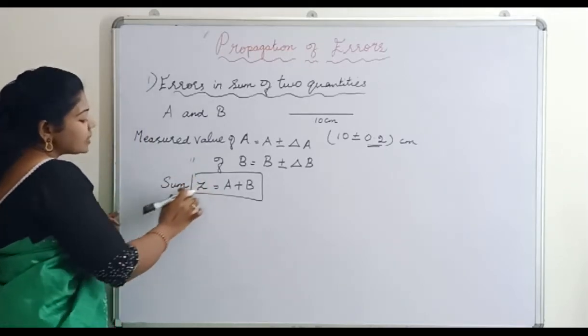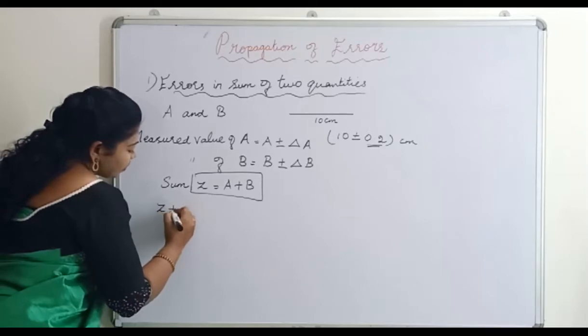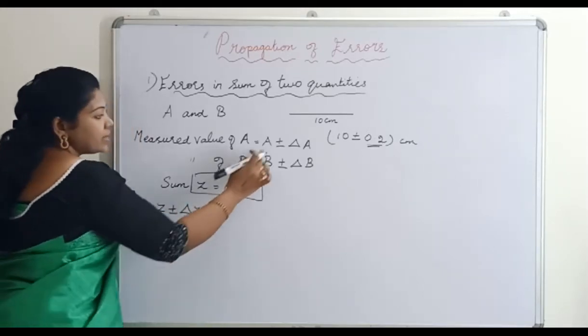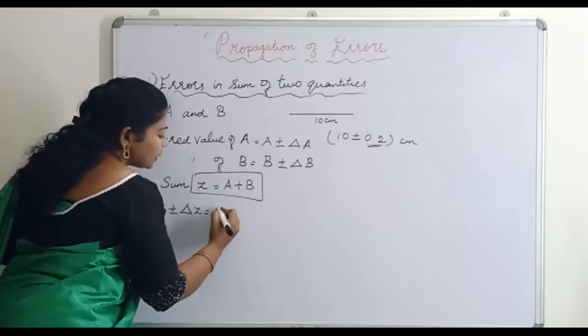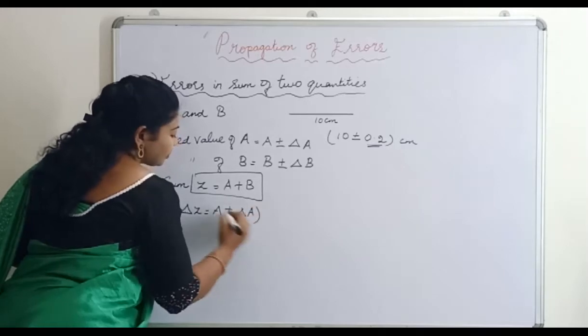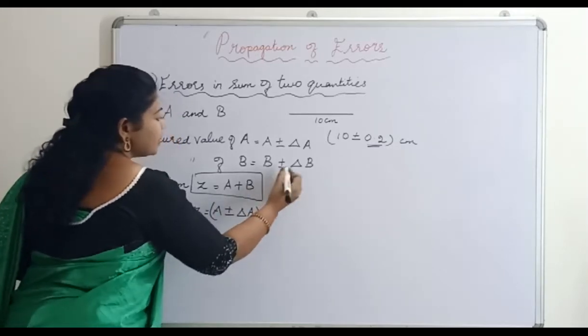So I can write this Z as Z plus or minus delta Z is equal to, what is A? A is equal to A plus or minus delta A, plus, what is B?